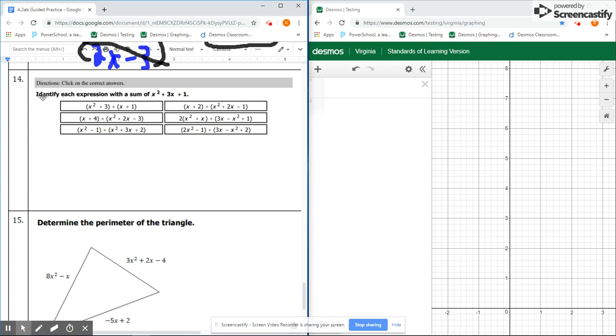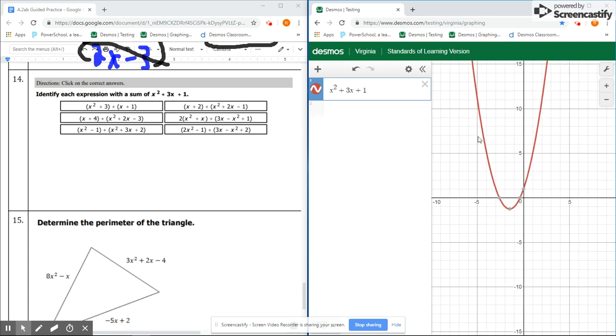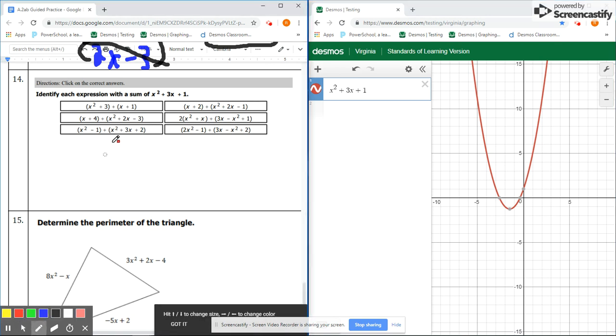Okay? Number 14 says, identify each expression with a sum of this. What you should do here is you should type in x squared plus 3x plus 1. Okay, I'm going to go back to my home screen. Here is, let me put it in red. Here is x squared plus 3x plus 1, this red curve here. Okay, it says identify each expression with a sum of this.